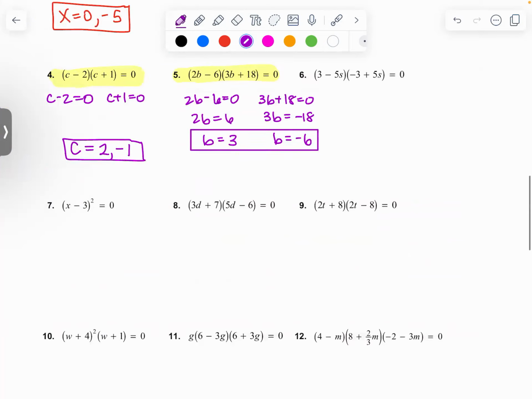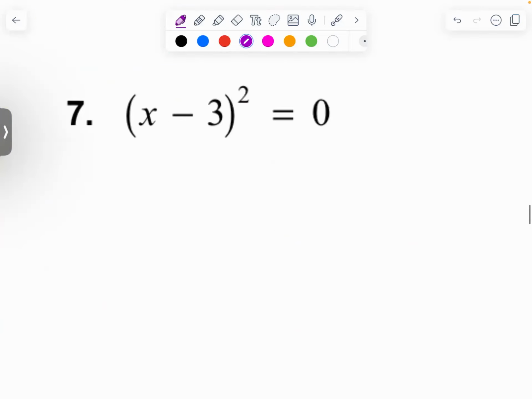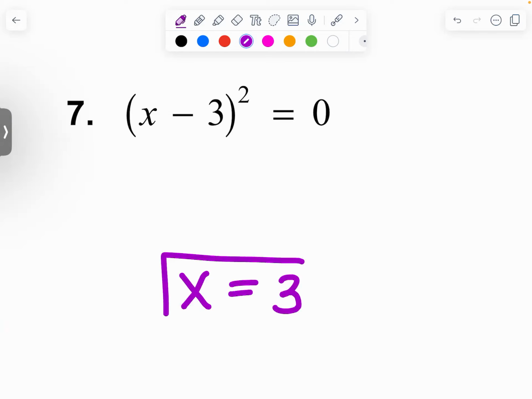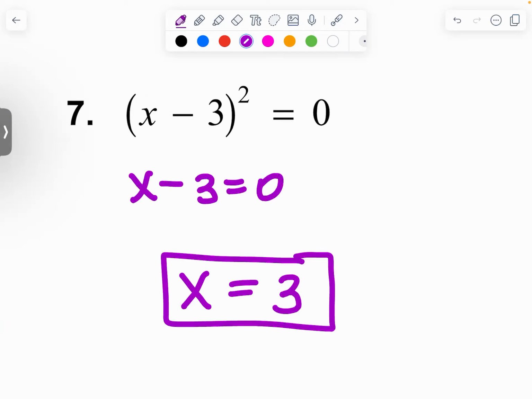Okay, now what about this number 7? I think it's just 3. And why is it just 3? Because if you square it, you just multiply it by itself. So basically, we have X minus 3 equals 0 2 times. So we have the answer of 3.